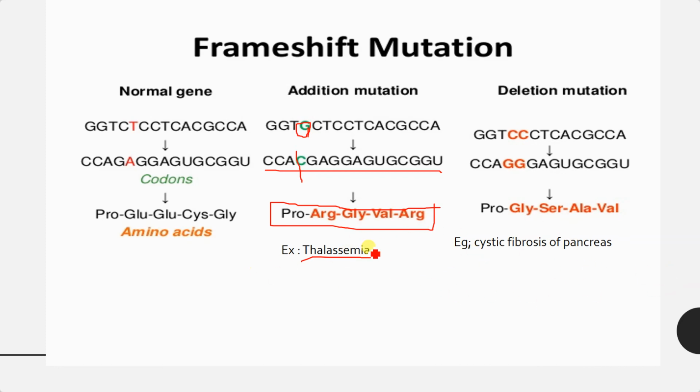And as additional information, in the frame shift mutation, if three nitrogenous bases are inserted or deleted, that condition may not be fatal, or may not produce a severe condition, because a new amino acid will be synthesized, but it won't be a very harmful condition.